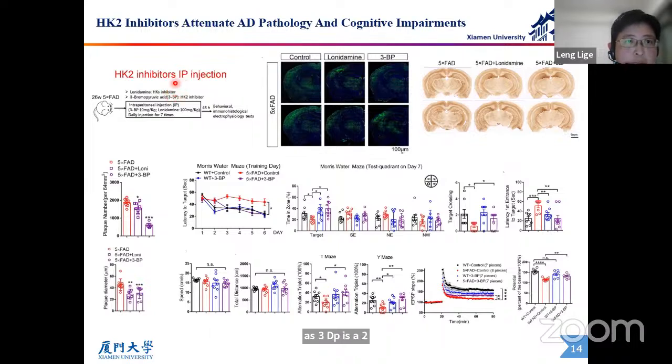We can see that after the two inhibitor treatments, the plaque load and the memory and cognitive-related behaviors were rescued.